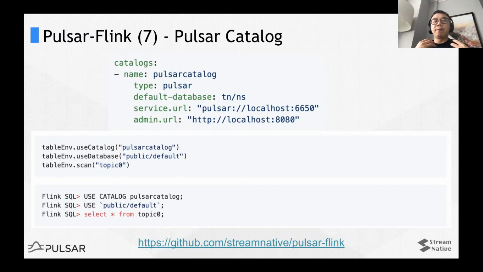And once you have registered Pulsar as a catalog for Flink, then you can use Flink SQL to query the Pulsar streams, either in a streaming fashion or in a batch fashion. So you can just write streaming queries as well as batch queries over Pulsar streams, and you don't really need to write your own program.